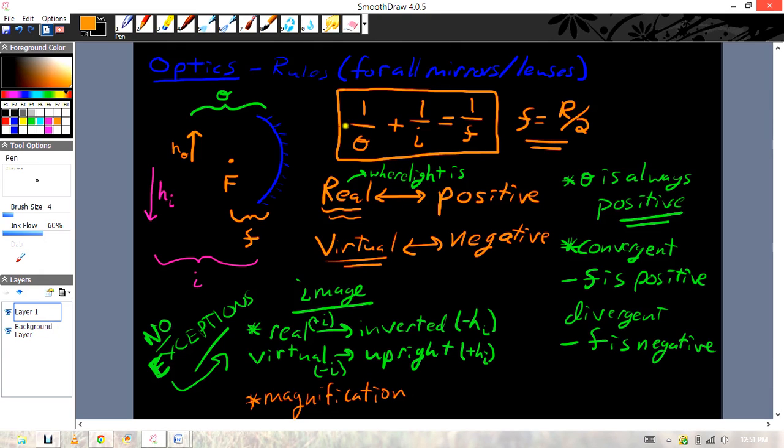Your image will be the same height, so the magnification will be 1. So the magnification is the ratio of the heights. So it turns out that this, and this is the important part, is equal to the ratio of the distances. How awesome is that? I think that's super awesome.